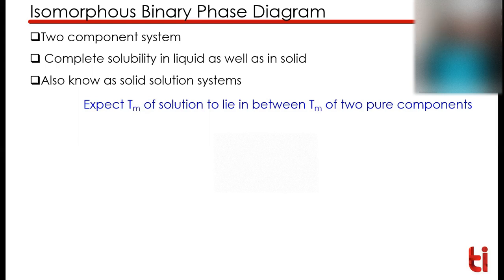Copper has a melting point of 1085 degrees Celsius, and nickel has 1435 degrees Celsius. So if you make a copper and nickel alloy, the melting point will vary from 1085 to 1435, in that range only. It should not be more than nickel and should not be less than copper. That is what we are expecting.